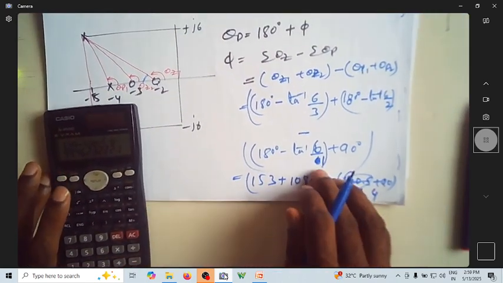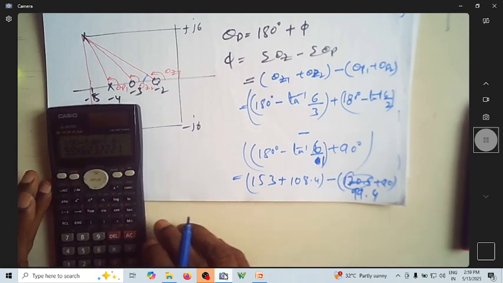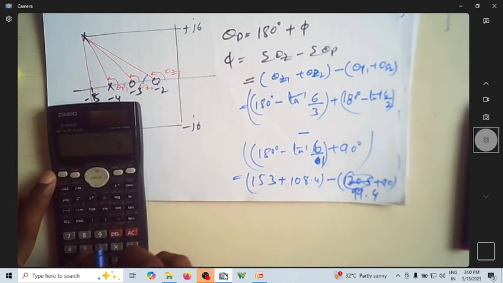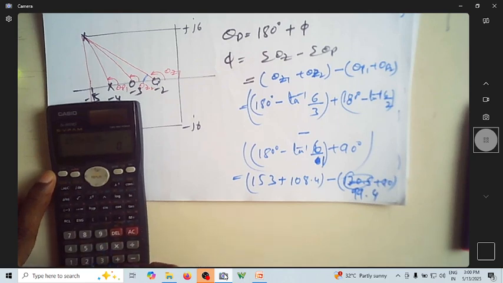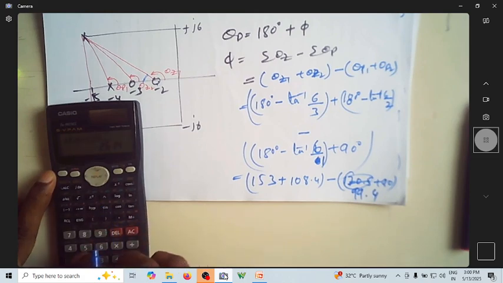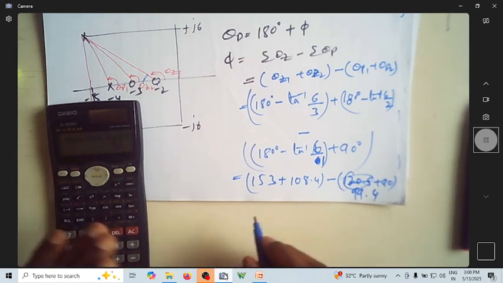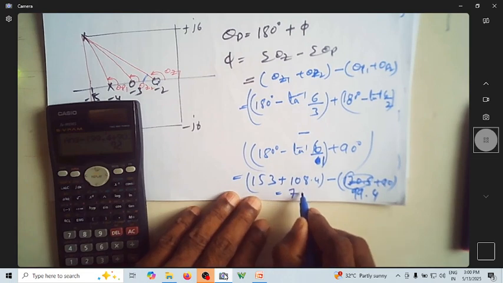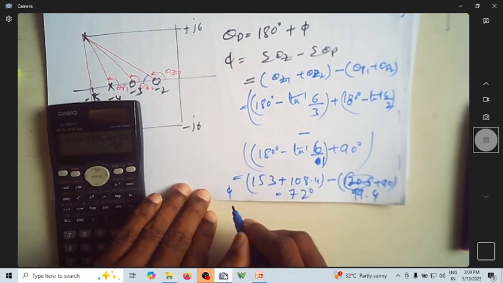So it is now 153 plus 108.4 minus of 99.4 plus 90 equals, this is actually 72 degrees, your phi value.